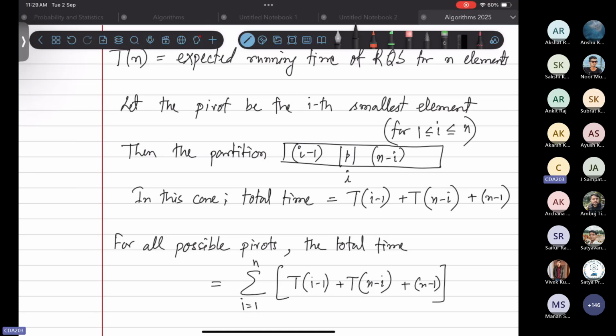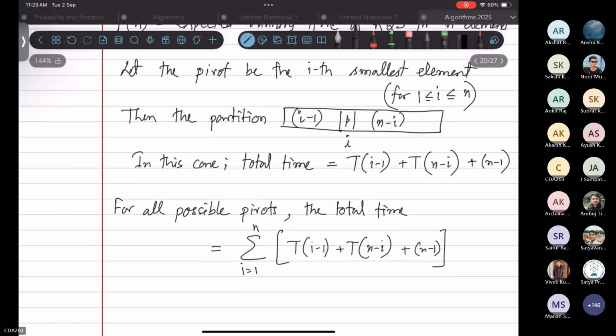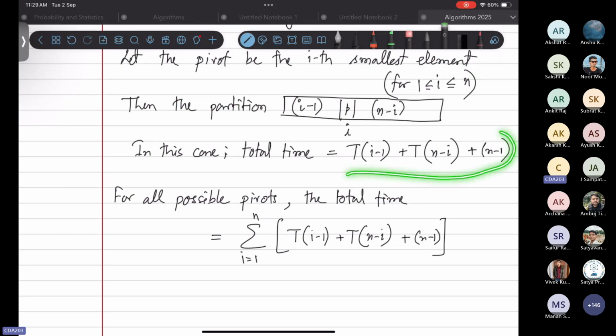Is this okay? So this quantity is for this case, where I have taken the ith smallest element as my pivot. Then I get this type of partition and the running time will be this. And for every possible partition, I should be doing this summation.